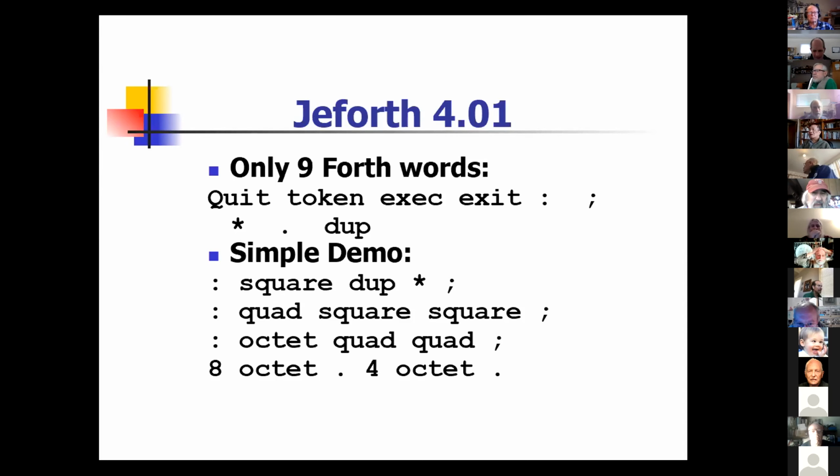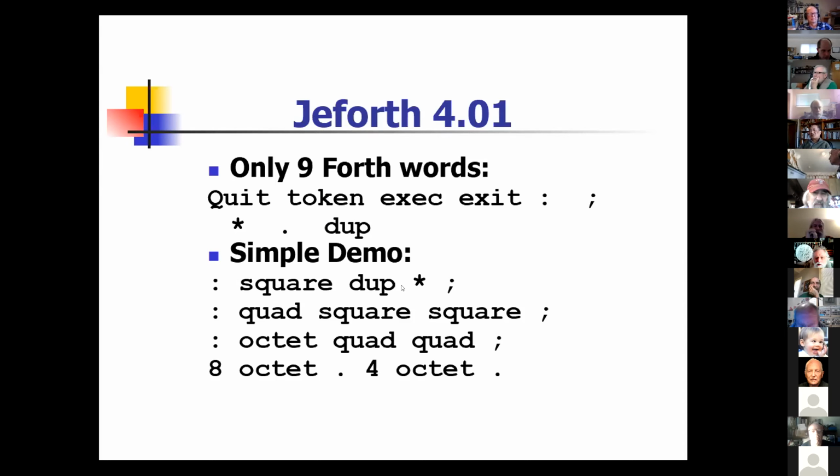Let me just close this, my screen. Okay. And the words are quit, token, exec, exit, colon, semicolon, multiply, dot, and dupe. It's not much, but it allows me to do a little demo.